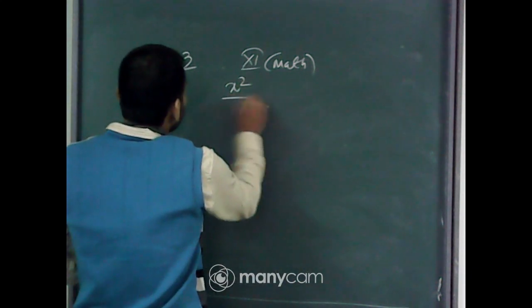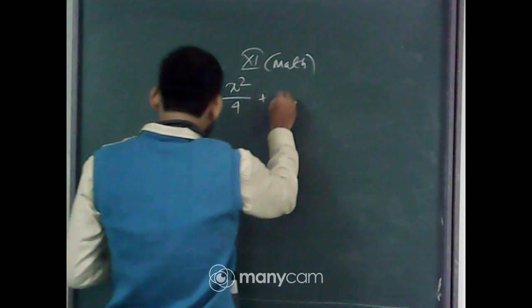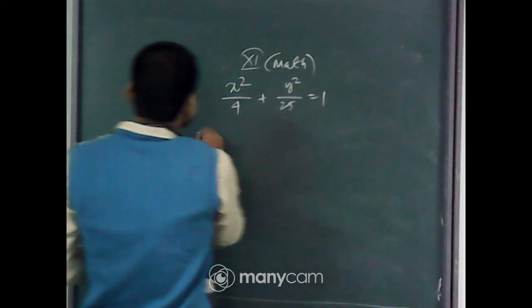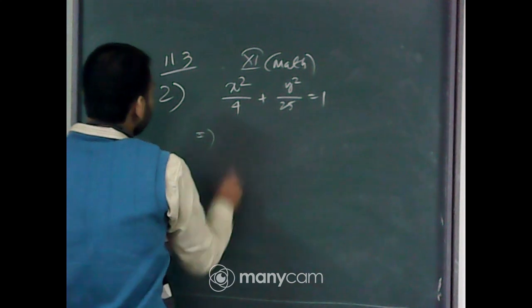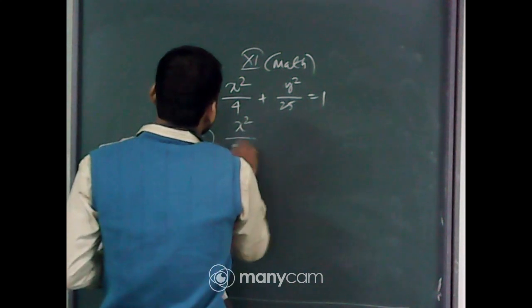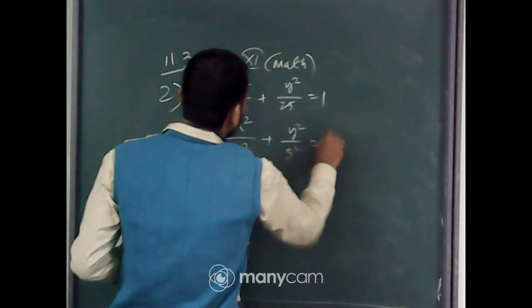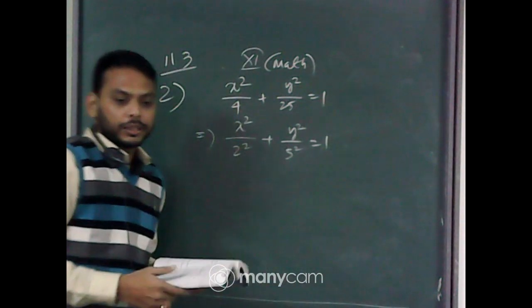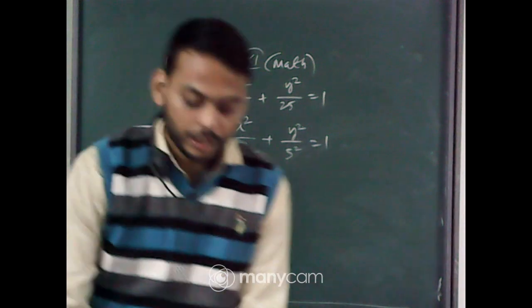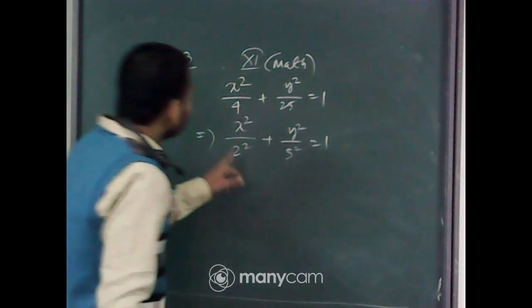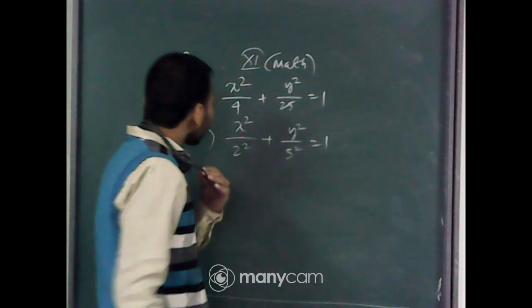That is x square by 4 plus y square by 25 equals 1. That can be written as x square by 2 square plus y square by 5 square equals 1. Here you can see the denominator of y square is greater than the denominator of x square.